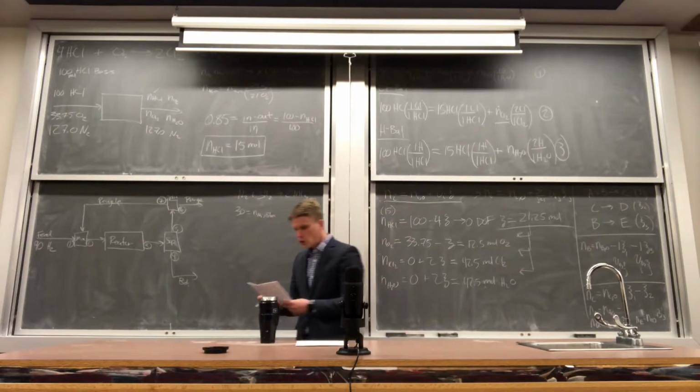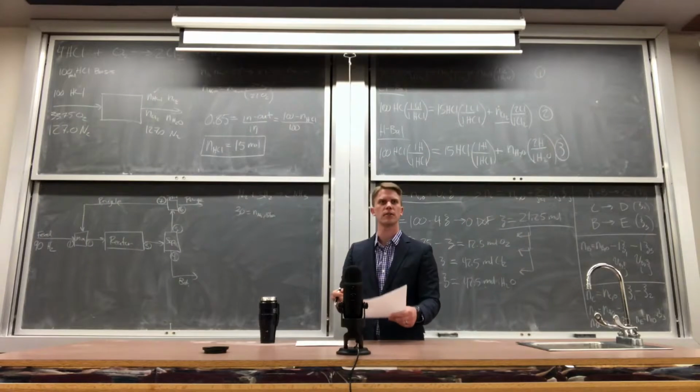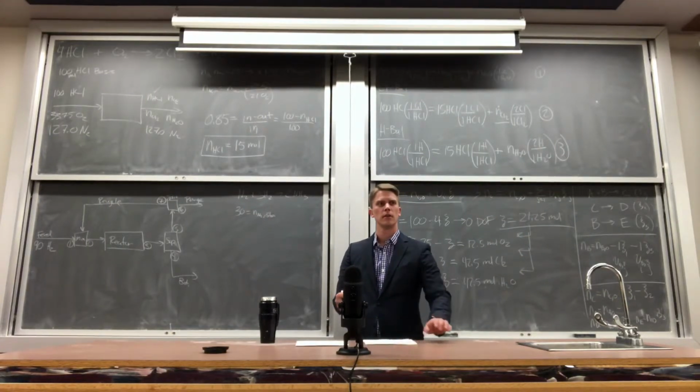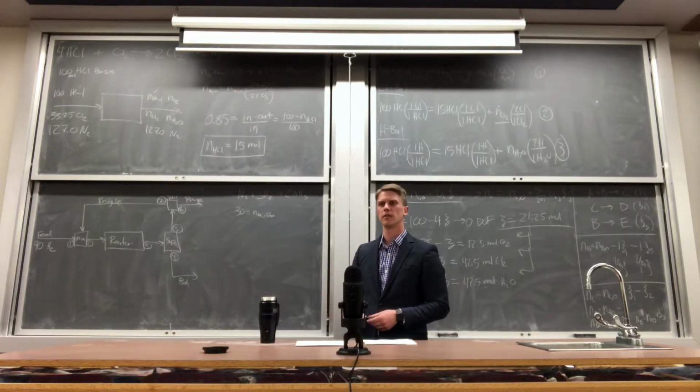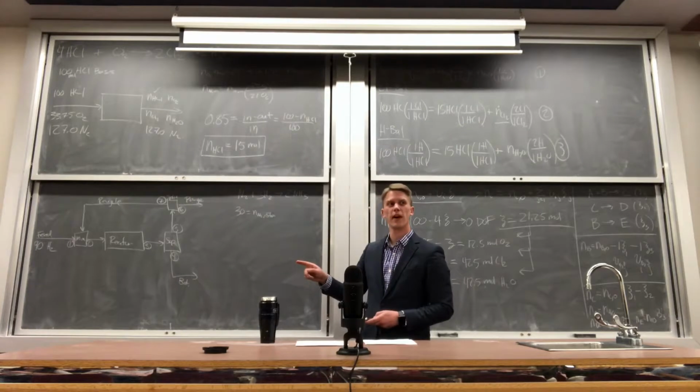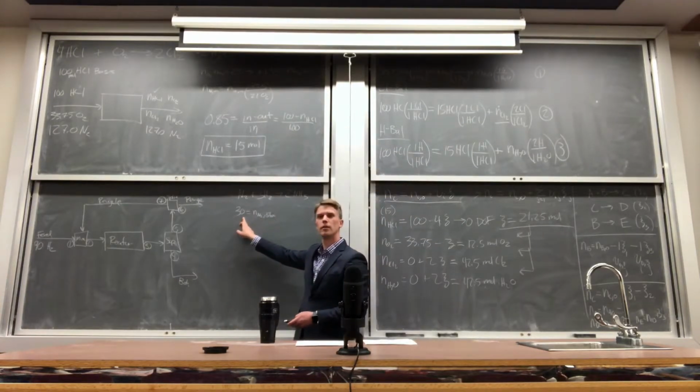Now what is a 200% excess? Is that times 2? Or is it times by something else? So what's a 50% excess? 1.5, which would put us at 45. So what is a 100% excess? That'd be double.